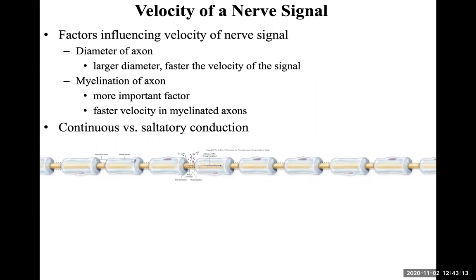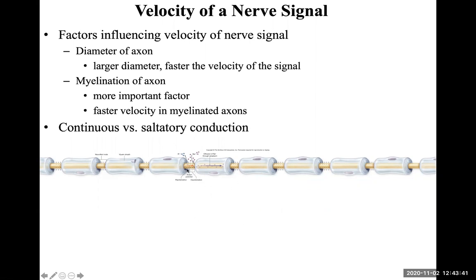And then finally, continuous versus saltatory conduction. We've already discussed, but just by way of reminder, saltatory conduction is the kind of conduction that we see in myelinated axons, right? Think of saltatory conduction as the action potential jumping from, if we're talking about an axon in the peripheral nervous system, we call these the nodes of Ranvier, right?